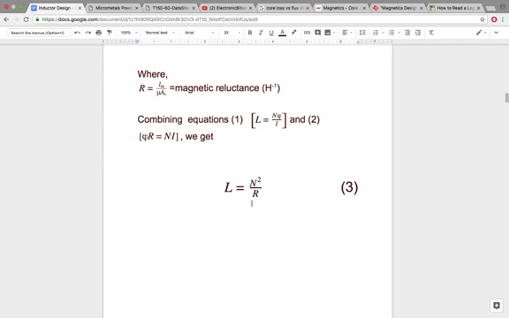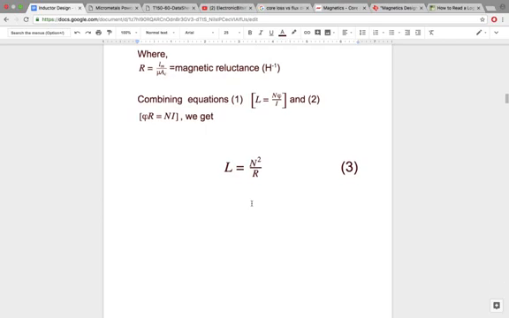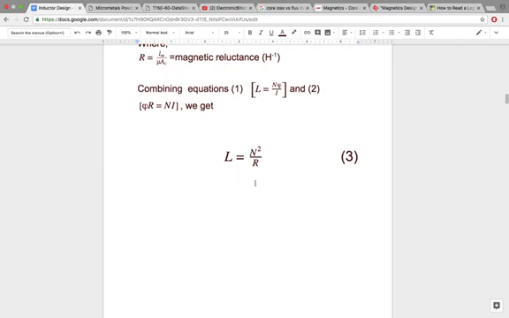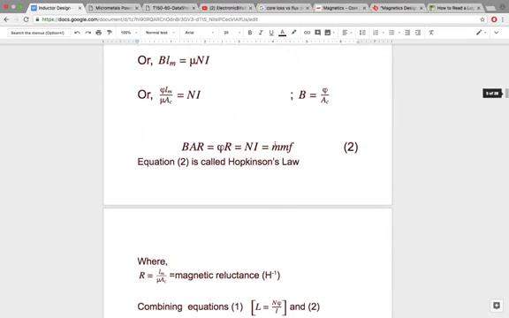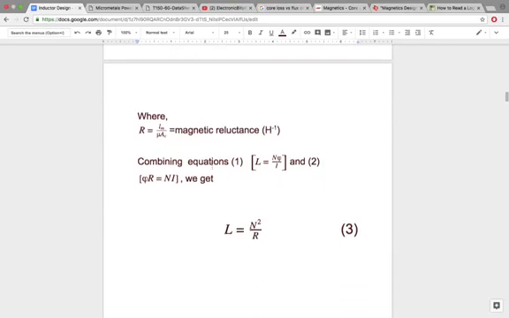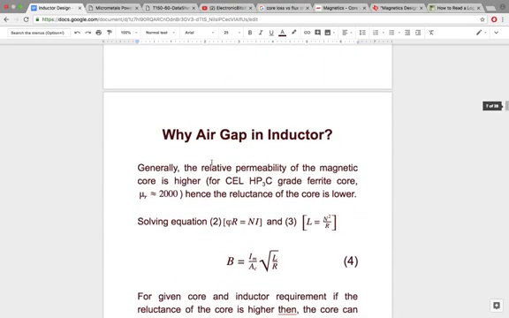So the higher the reluctance, the lower the inductance, and the lower the reluctance, the higher the inductance. This is one more very important relation while designing an inductor, which we will use frequently. Basically there are two equations which we will use more frequently in designing an inductor, equation 3 and equation 2. Everywhere we will be using these two equations to design the inductor.